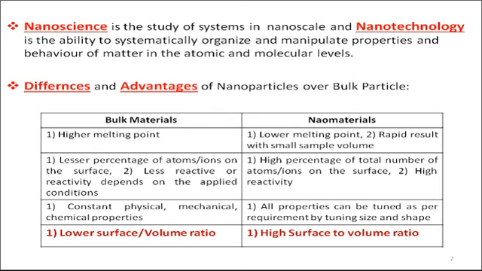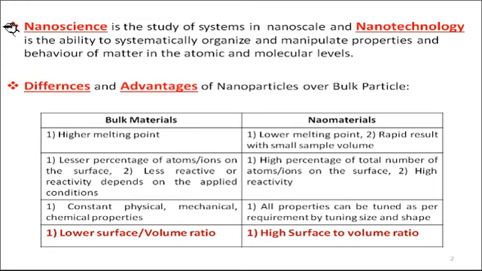Okay, so why are a high percentage of surface atoms or ions beneficial? Why is it more beneficial to have more atoms or ions at the surface? The answer is that these surface atoms or ions are mostly regarded as active sites.